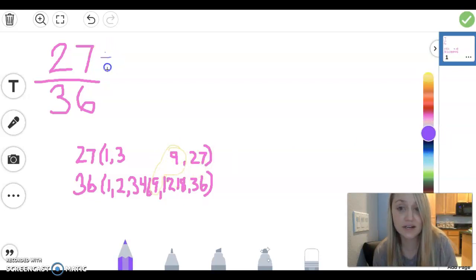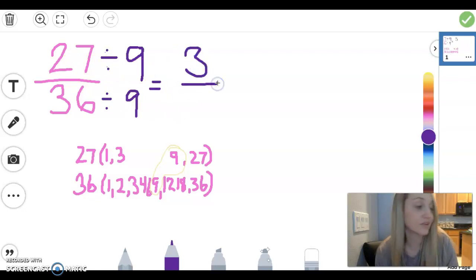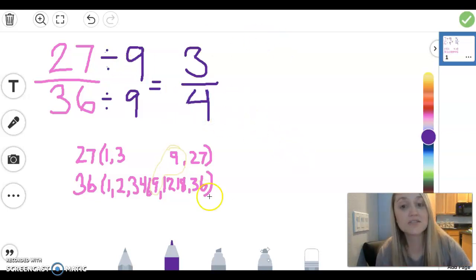If I divide on the top by 9, same rule goes: whatever you do on the top, you must do on the bottom. 27 divided by 9 is 3, and 36 divided by 9, you would get 4.